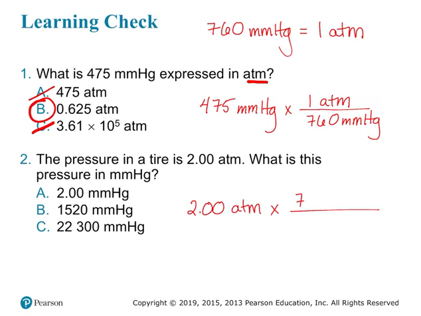So we're going to put 760 millimeters of mercury in the numerator, and we're going to divide that by 1 atmosphere. Okay, so we're multiplying 760 by 2, so that should give us 1,520 millimeters of mercury. All right, so not too bad.